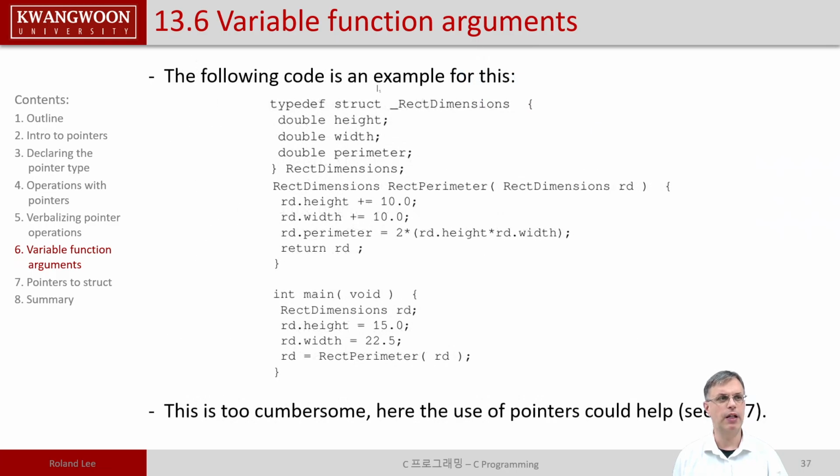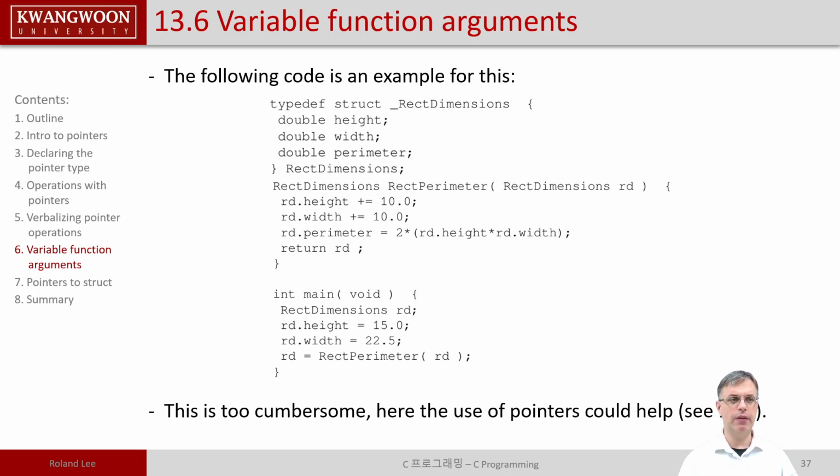This would involve the following code: typedef struct rect, dimensions, and so on. That's quite cumbersome, and it's also unnecessary. There is a better way of doing this with pointers, which we will explore in the last section of this chapter, using pointers to structures.